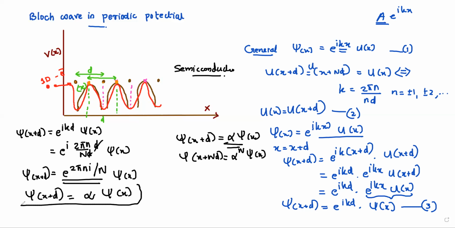It's the final equation. So we need two or three conditions. One is psi of x plus d is equal to alpha psi of x. Psi of x plus n times d is equal to this one. These two equations and u of x plus d is equal to u of x. Let's consider and show it as three regions.